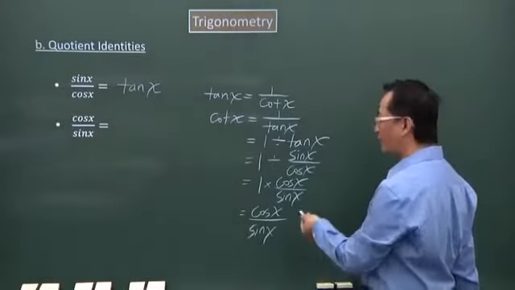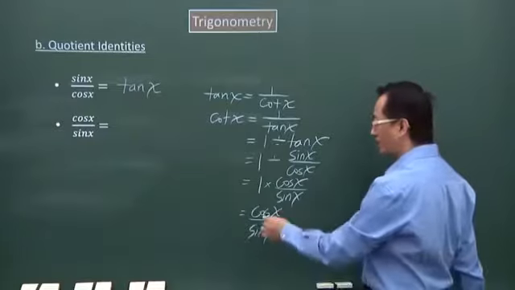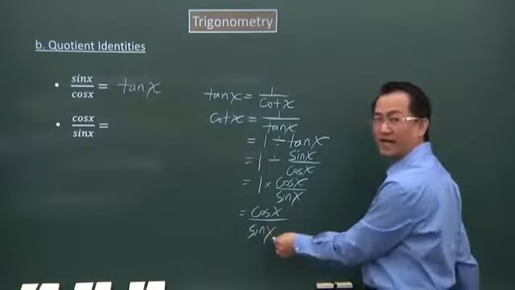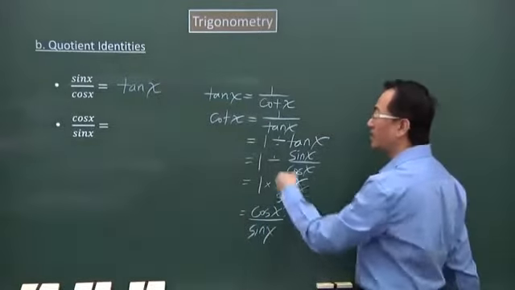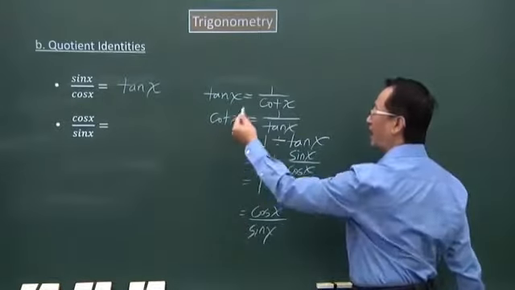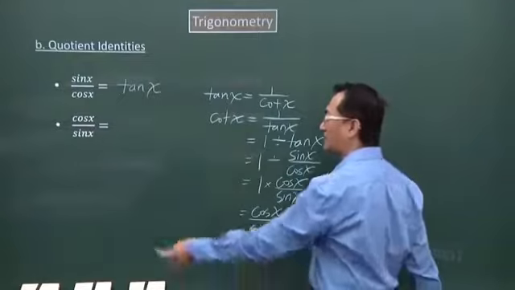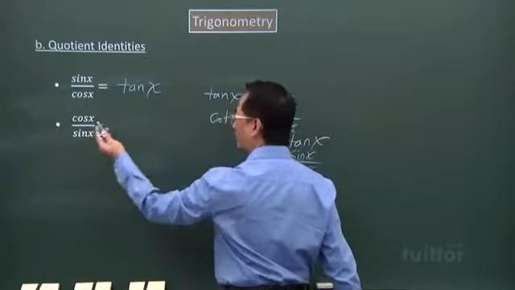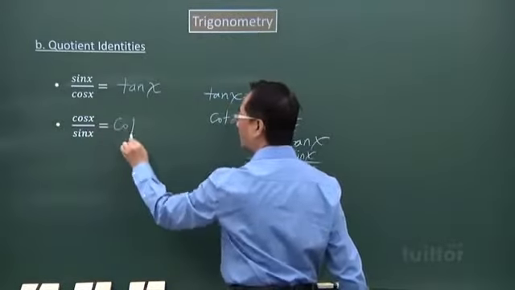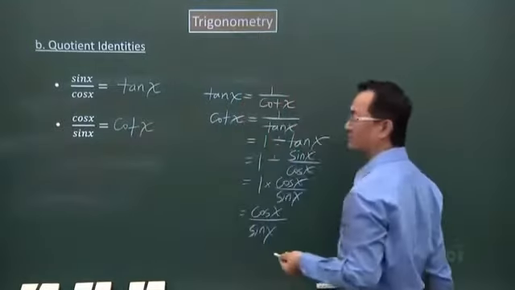You can see from here that the cos x over sine x really is equal to cotangent x. So for this expression, where you have also here, then you get cotangent x.